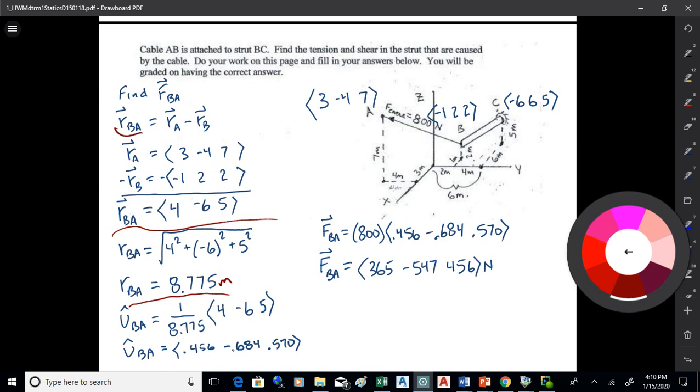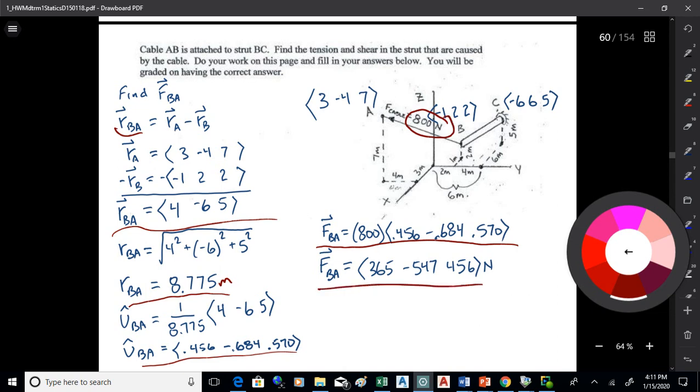Then I divide through by that, and I get a unit vector from B to A. That is a vector that points in the direction from B to A. I can then scale that up by the magnitude of the force, which is 800, and I will get the force vector. So that is the process to get from two points, B and A in this case, to a force vector that has a magnitude of 800.